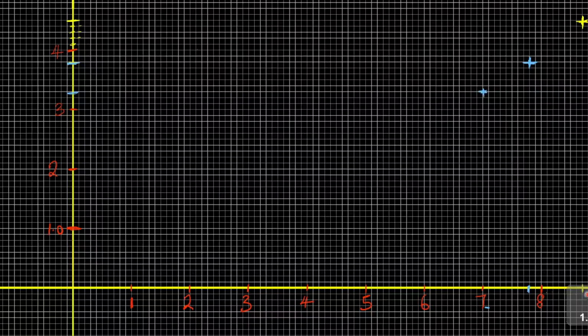The next one is 5.52. I'll be plotting at 5.5. 5.52 is here. Under 5.52, I have 2.6. So this is 2.1, 2.2, 2.3, 2.4, 2.5, 2.6. This is 2.6. All right, I trace it down.